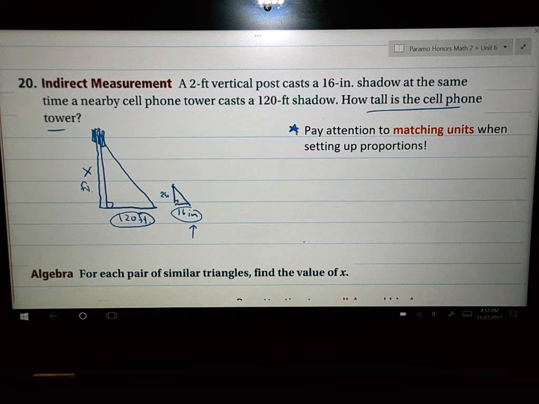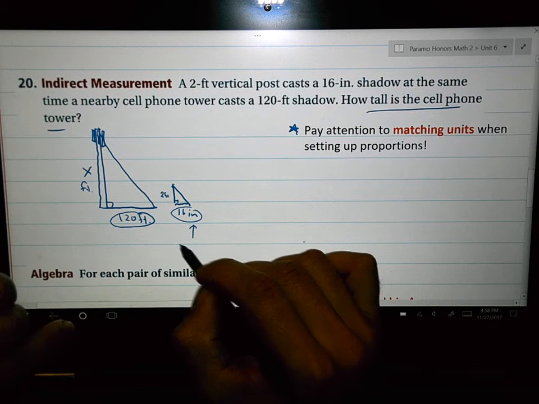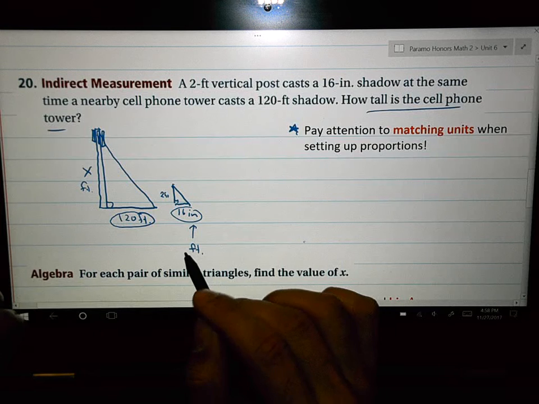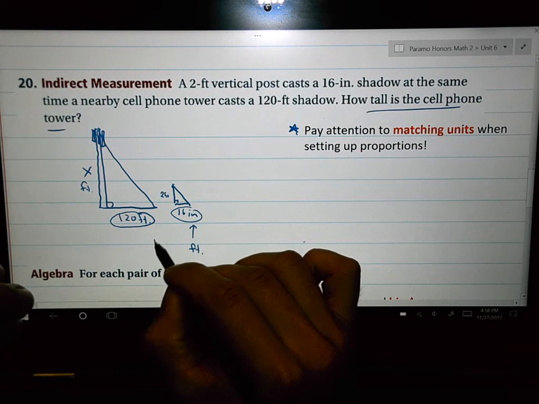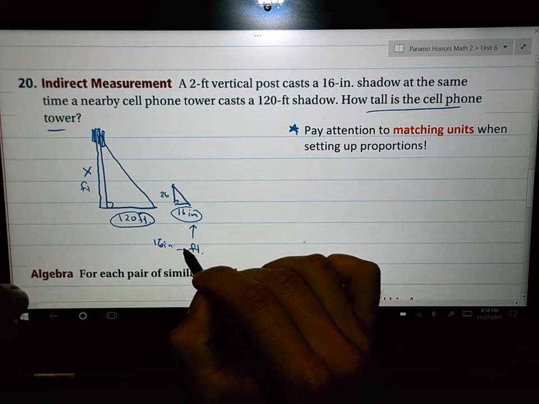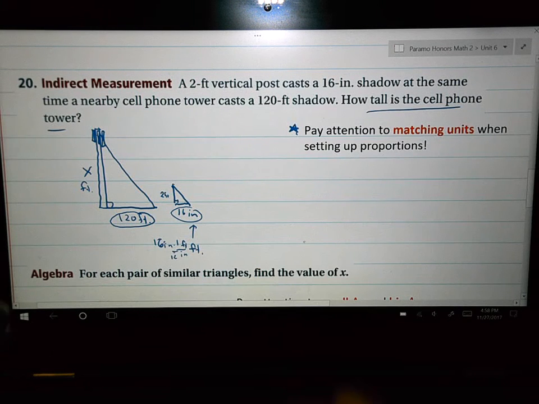So I'm hoping that you're looking at this and going, oh, I'm going to need to convert it, because you are. I would convert this and say, how many feet is that in? And a decimal will be just fine. So let's see, there are 12 inches in a foot. There's 16 inches times how many inches in a foot. 1 foot is 12 inches. So I'm going to do 16 divided by 12.